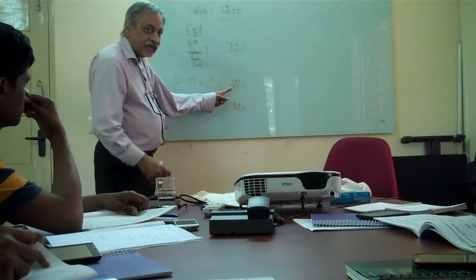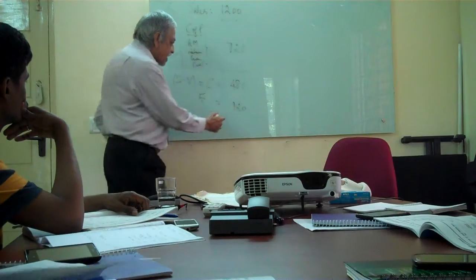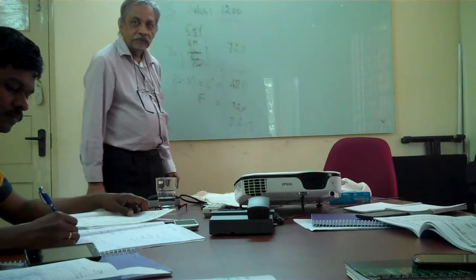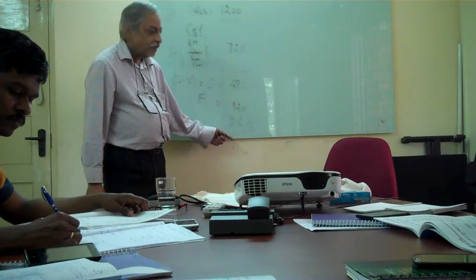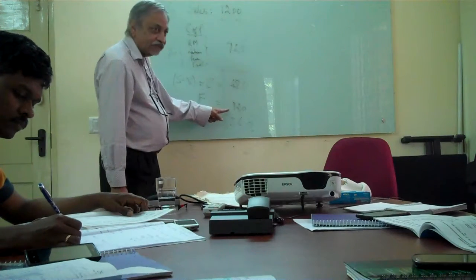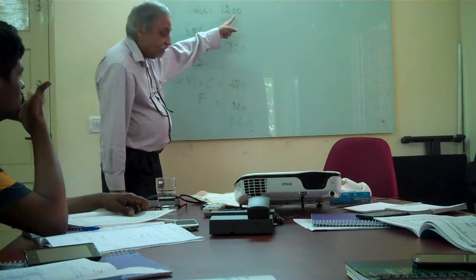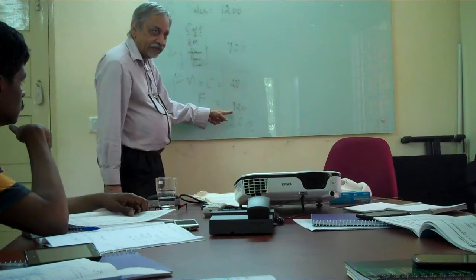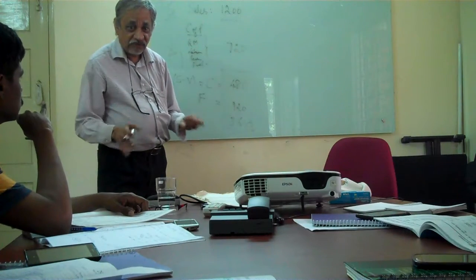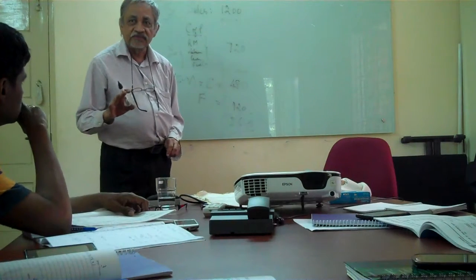Now this 480 is the contribution towards recovering the 120, and it has completely recovered it and created a profit of 360. This profit has recovered both V and F. Nothing else is left. Out of 1,200, I recovered 720 plus 120, and whatever is left is profit. Don't worry about profit before tax or profit after tax. Up to this point, any difficulty?